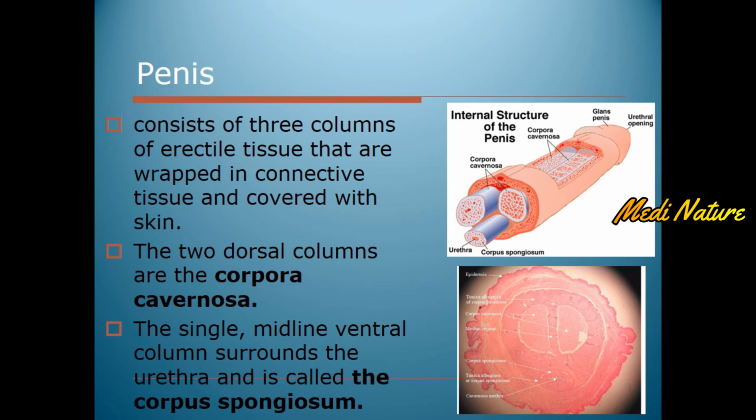It consists of 3 columns of erectile tissues that are wrapped in connective tissues and also covered with skin. There are 2 dorsal columns called corpora cavernosa and a single midline ventral column which surrounds the urethra. It is called corpus spongiosum.